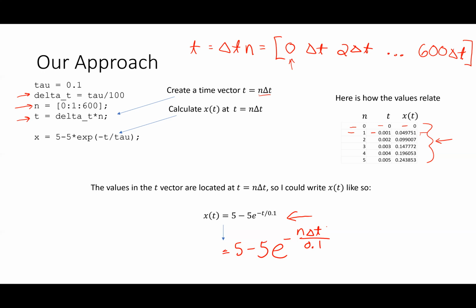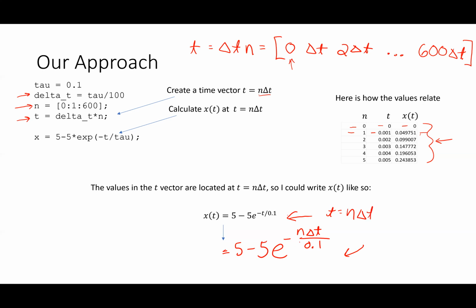It's not a function of a real number now. When I say it's a function of something, it means I have some independent variable. Here, t is the independent variable, and x depends on it. I basically plugged in t equals n delta t into this expression, and I got this.